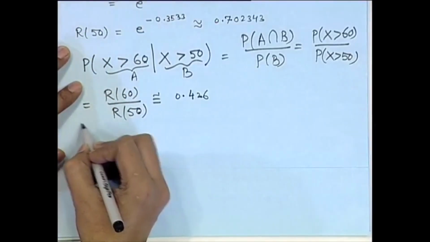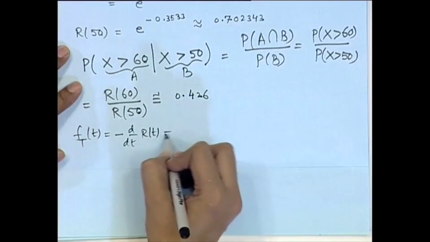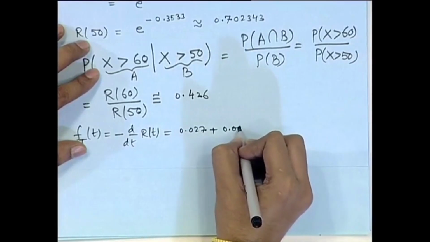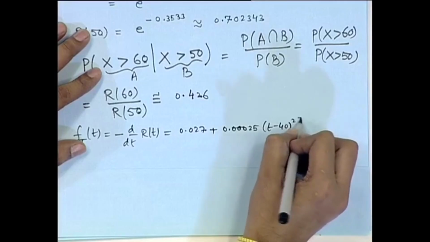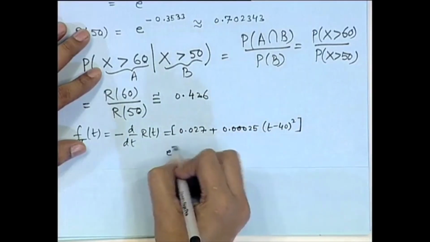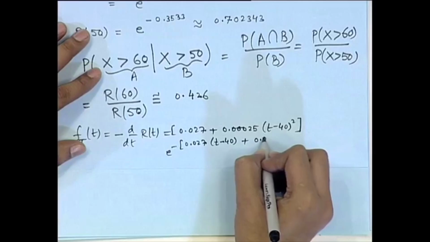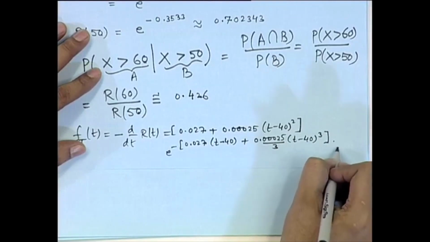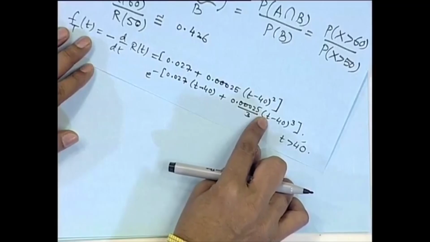So, the density function is obtained as minus d by dt of R(t), which is equal to 0.027 plus 0.00025 (t minus 40)^2 e to the power minus 0.027 (t minus 40) plus 0.00025 by 3 (t minus 40)^3, that is, t is greater than 40, which is nothing but the probability density function of a shifted Weibull distribution.